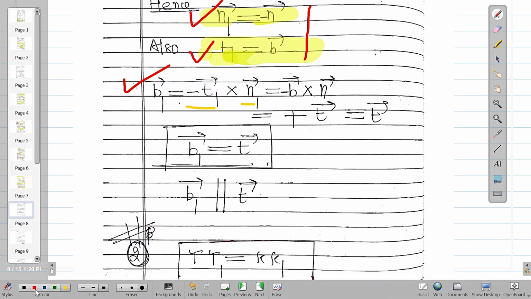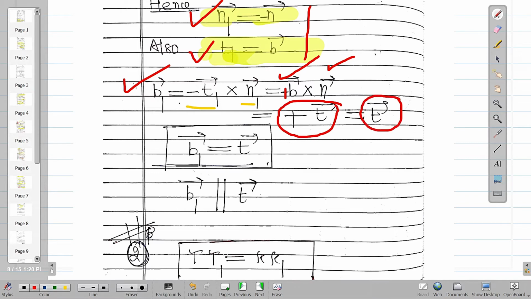Now what is the value of t1? The value of t1 is b vector. And the value of n1 is minus n. So the minus will be converted into plus, since this is minus, so the total term will be plus t vector.